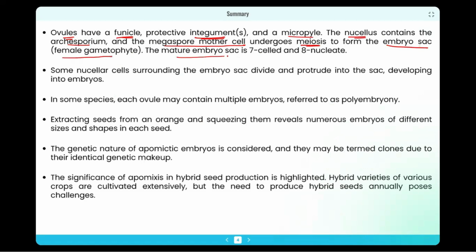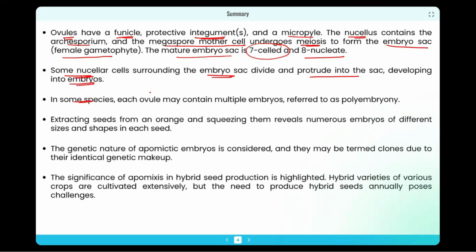The mature embryo sac is 7-celled and 8-nucleate. Now, some nucellar cells surrounding the embryo sac divide and protrude into the sac, developing into embryos.